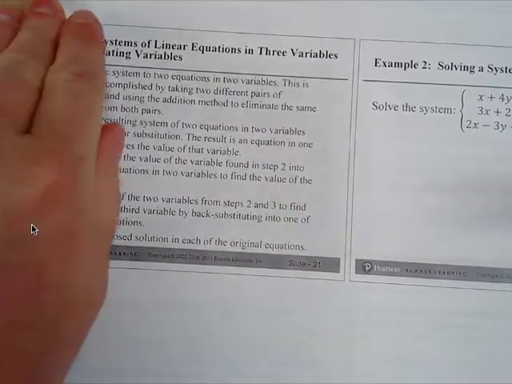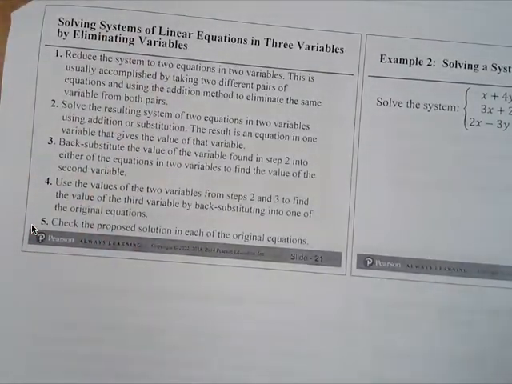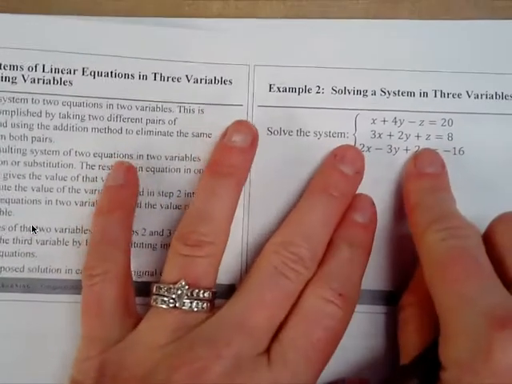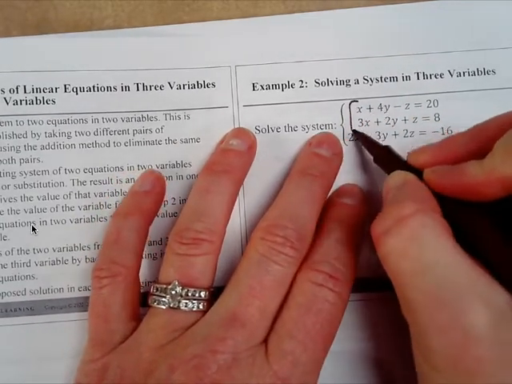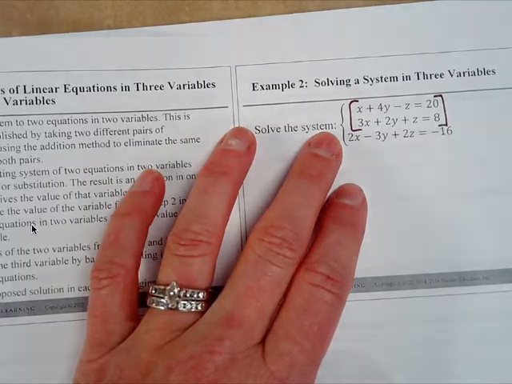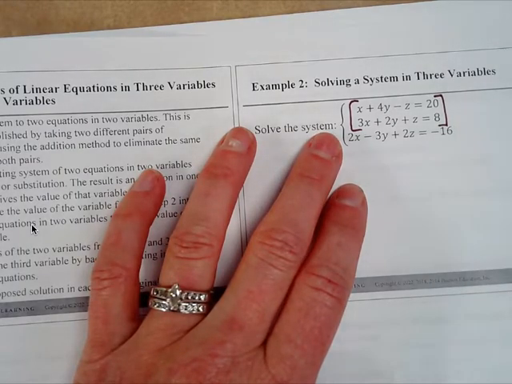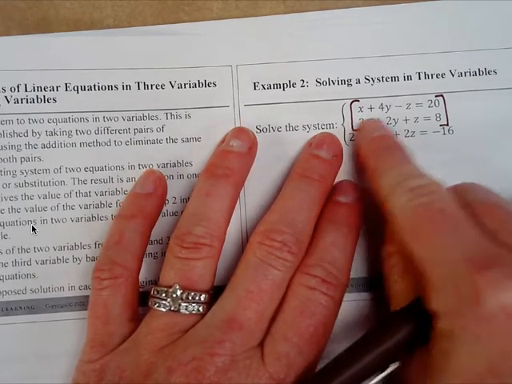So if we have a system of 3 equations, 3 variables, we've got to be able to reduce it down to 2 equations, 2 variables, and then work through that using either addition or substitution, and then take it back to your 3 variables. So what I want to be able to do is use 2 of the equations at a time to get rid of one of the variables. So I'm going to use these.